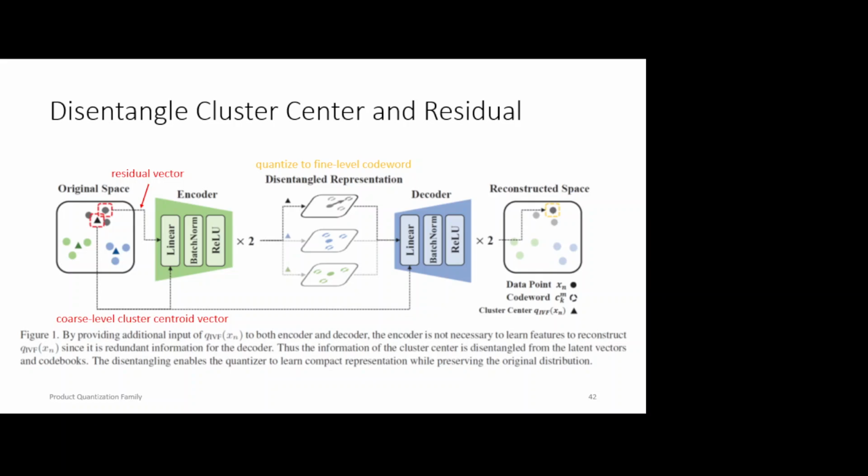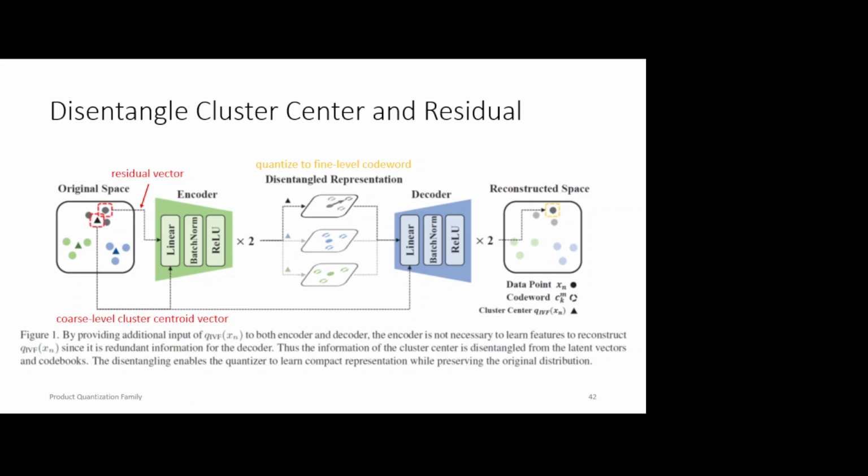But now we disentangle them into 2 different vectors. One is the cluster central vector, and the other is the residual vector. We just concatenate, not add them. We concatenate the 2 vectors together. So through the encoder, the length is repeated twice.